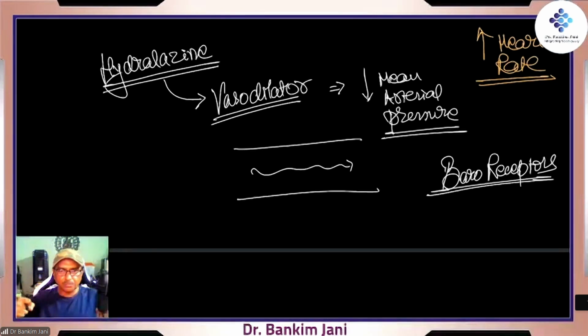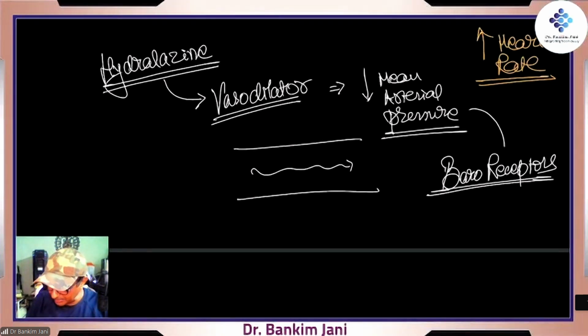When the pressure is more, these baroreceptors are stretched, so they say, "Pressure is very high, pressure is very high," and they go and tell the brain. Now the blood pressure has decreased, so these baroreceptors are not stretched.